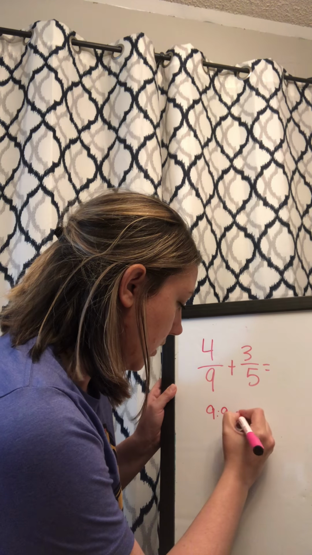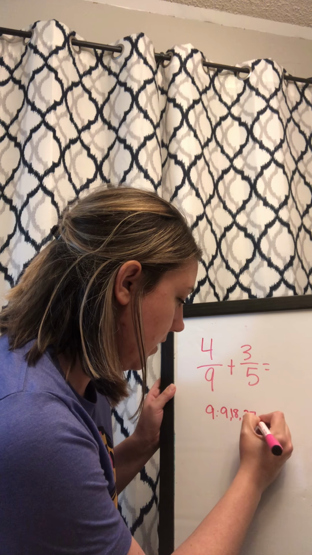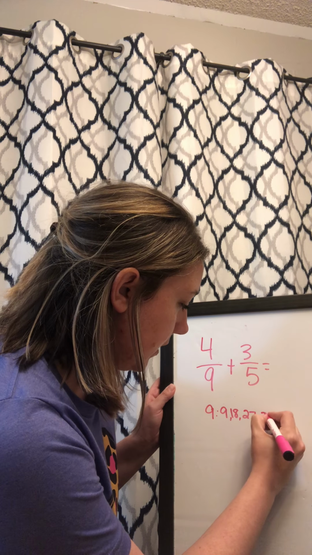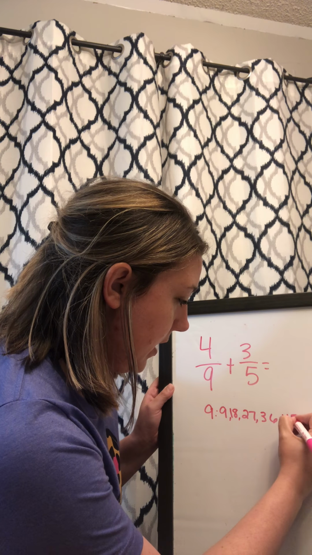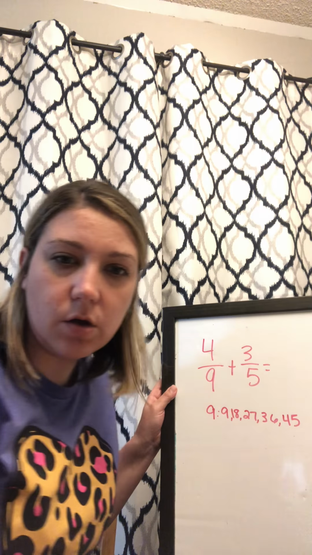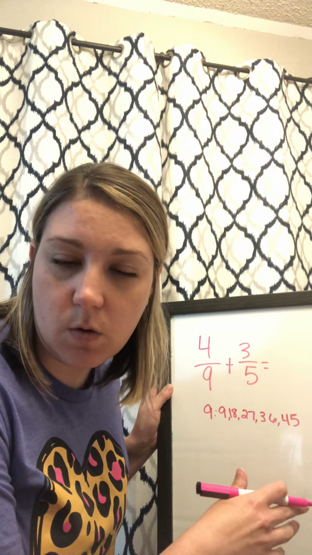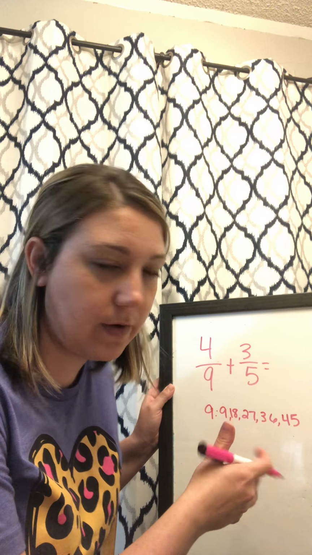So 9, 18, 27, 9 times 1, 9 times 2, 9 times 3, 9 times 4, 9 times 5. And I always told y'all to just go to 5. And then if you need to go on later, you can do more. But just to start out, just multiply to 5.